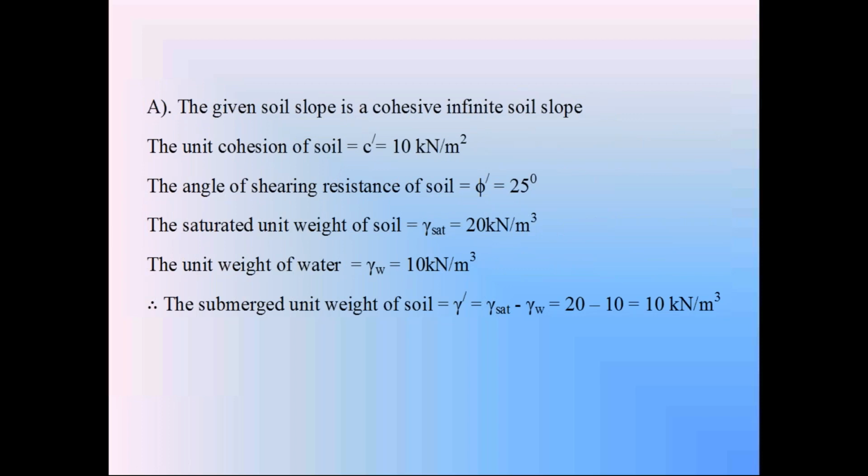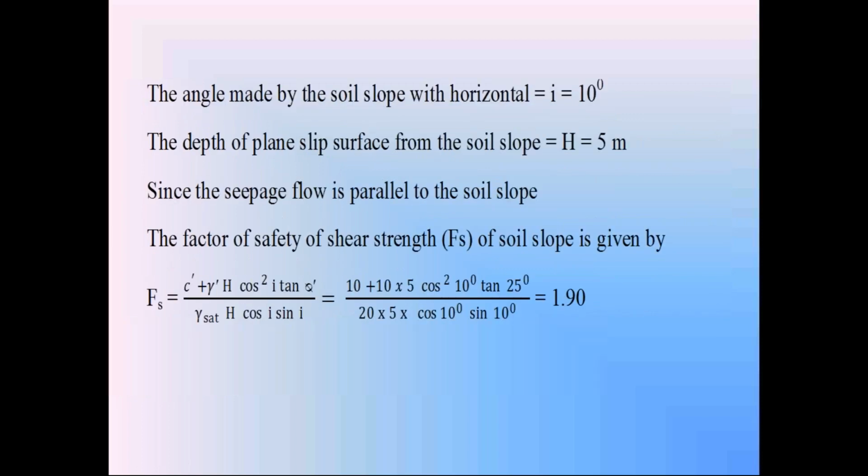Coming to the solution, check the steps in this numerical problem. First, they are given the angle made by the soil slope with horizontal, that is i. In this problem, that i value is 10 degrees.